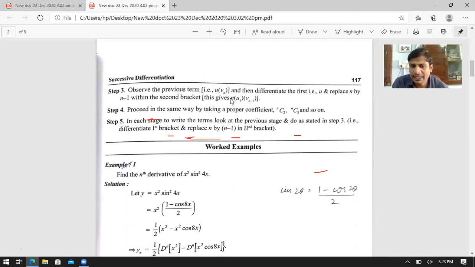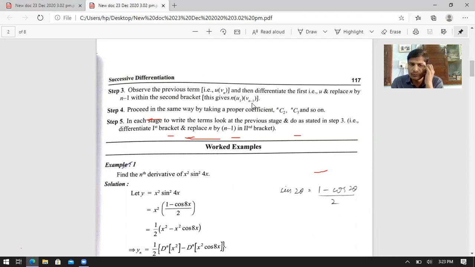Means n into u1 and v of n minus 1. Given u into vn, this previous term becomes n into u1 into v of n minus 1.